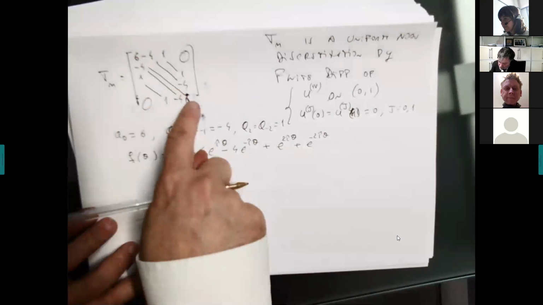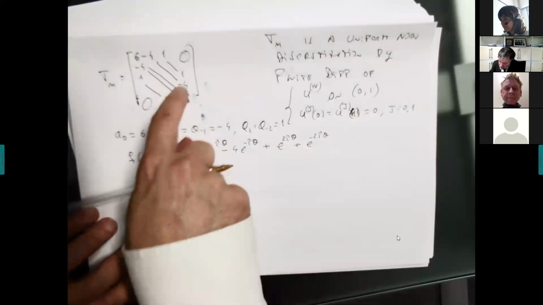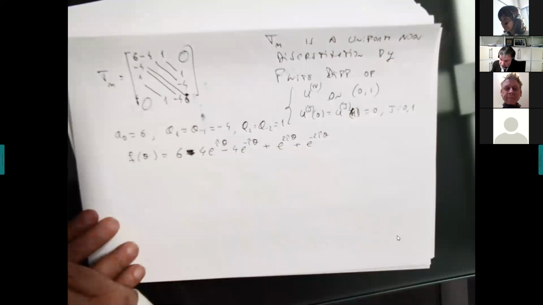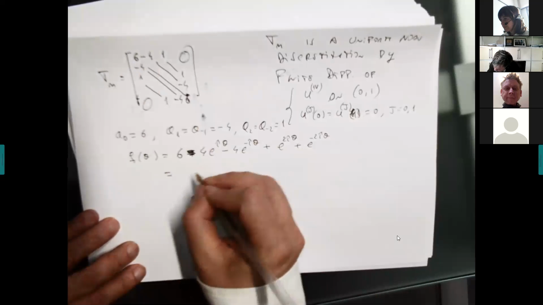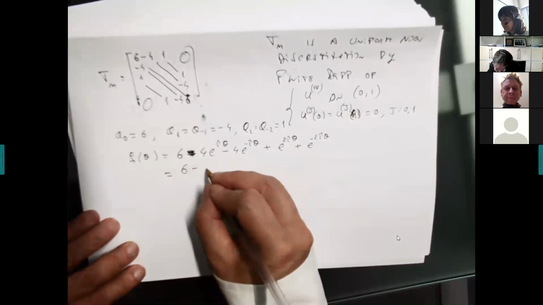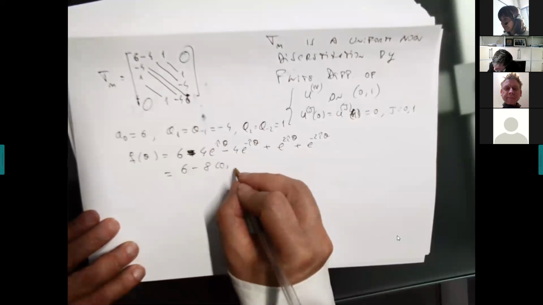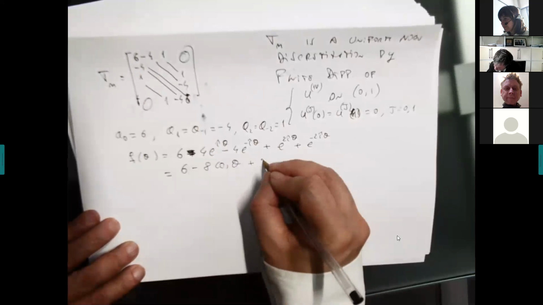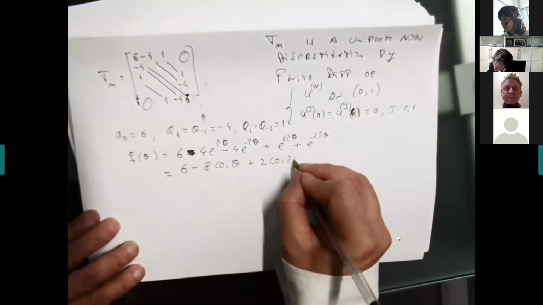Remember that the coefficients on the diagonal you should interpret as the Fourier coefficients. So you reconstruct the function, which is equal, with a bit of trigonometry, to 6 minus 8 cosine of theta, the i part disappears, plus 2 times cosine of 2 theta.